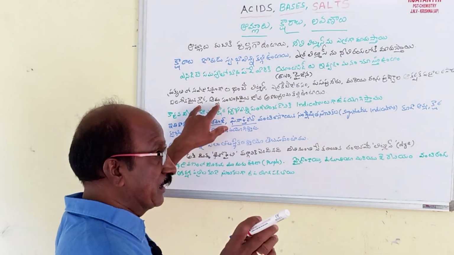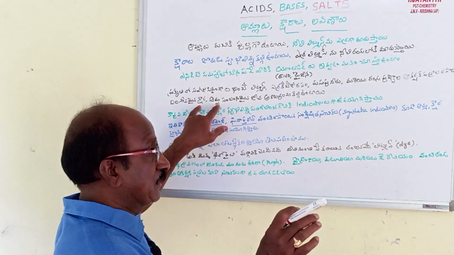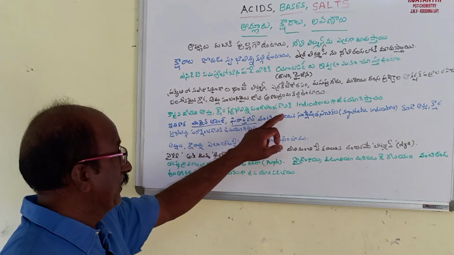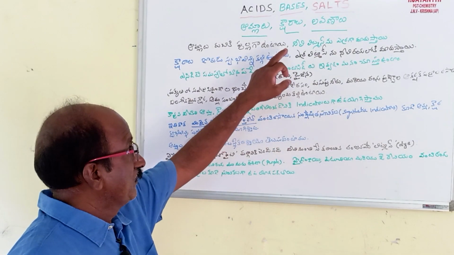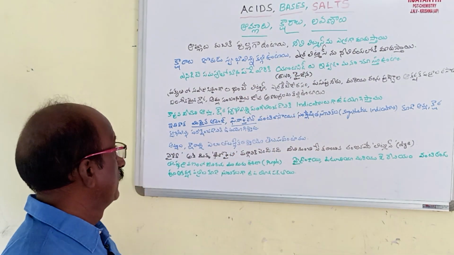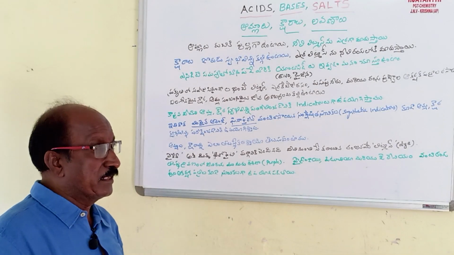They are used as indicators to test whether it is acid or base. So they are used mainly in this kind of test, litmus test, as indicators. Okay, these are natural indicators.